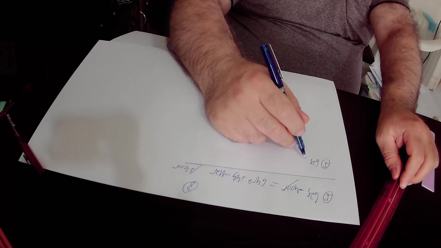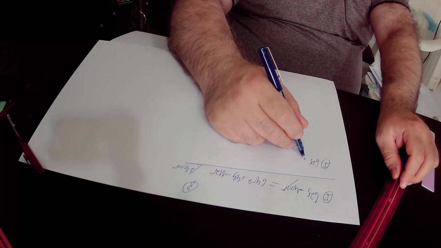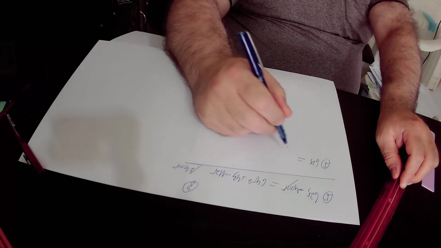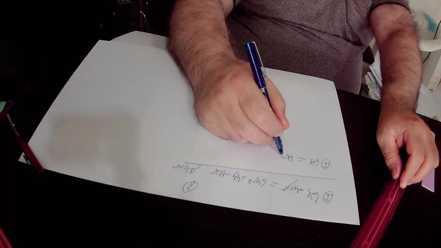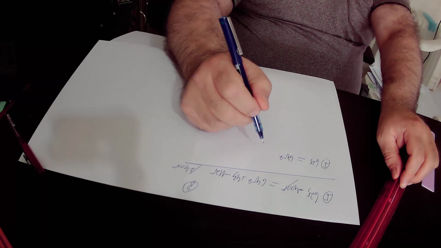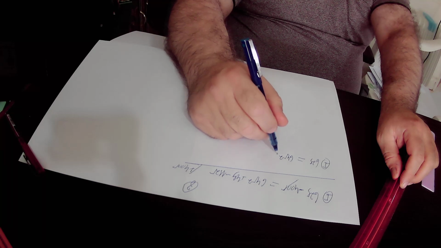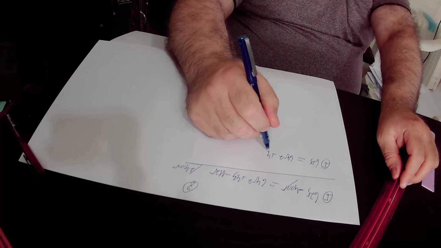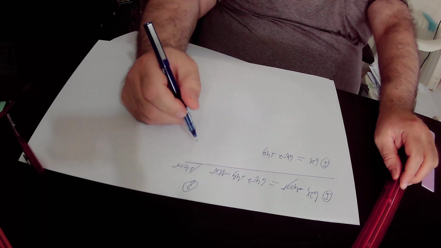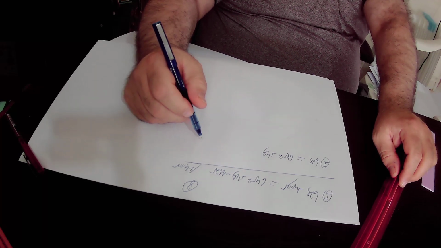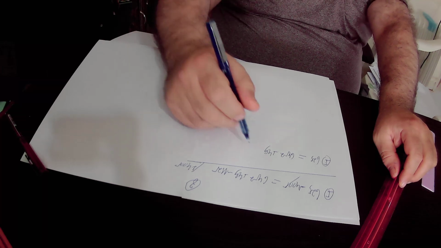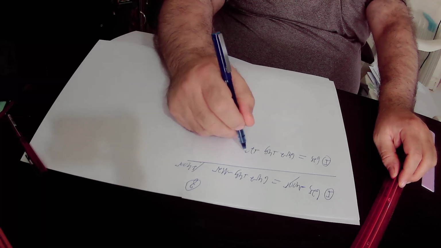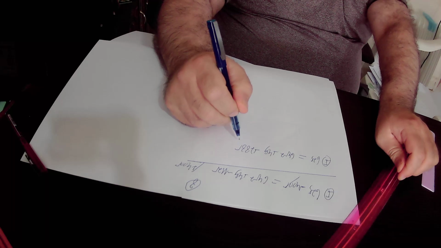So on this side of the equation, we are left only with 625, that is equal to 64r squared plus 49, and here we have 400r minus 112r, which is equal to plus 288r. Okay?